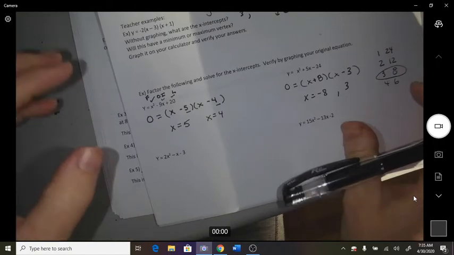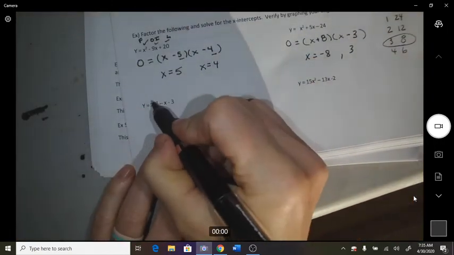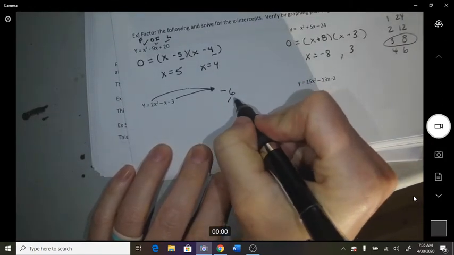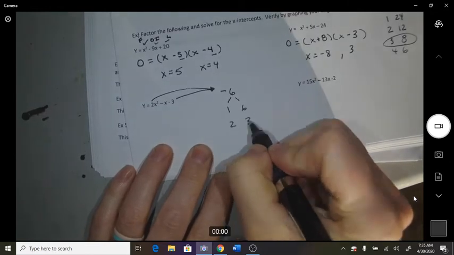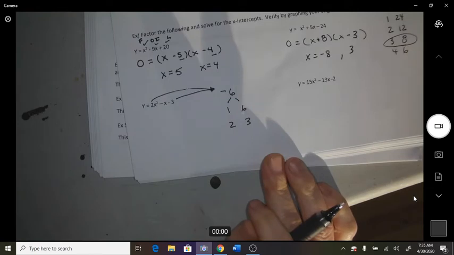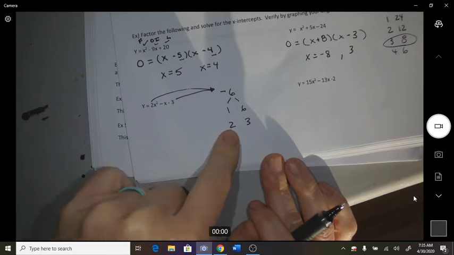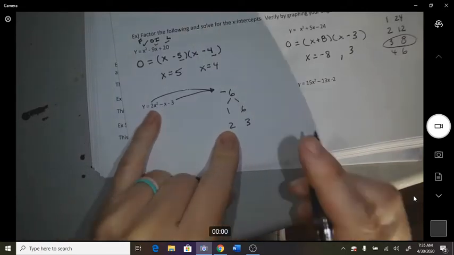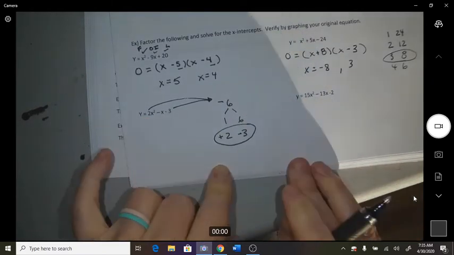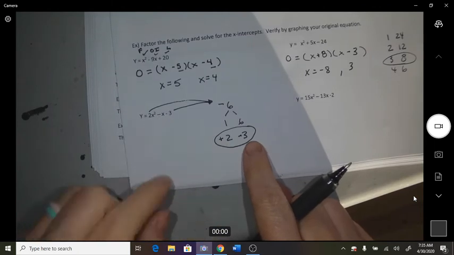Okay, this is a complex factoring now. So I'm going to take this first and this last, and it multiplies to negative 6. Now I have to think about a combination that multiplies to negative 6 that would add to negative 1 in the middle. So if this is positive and negative, that multiplies to negative 6 and it adds to negative 1.